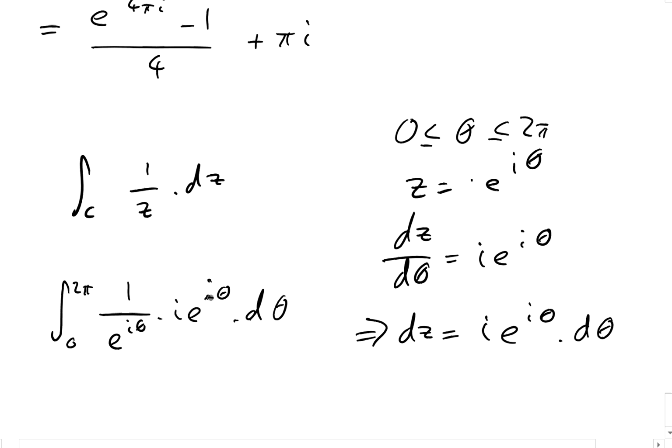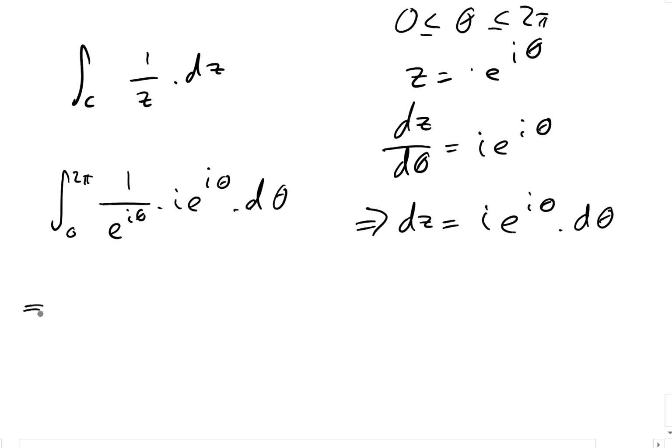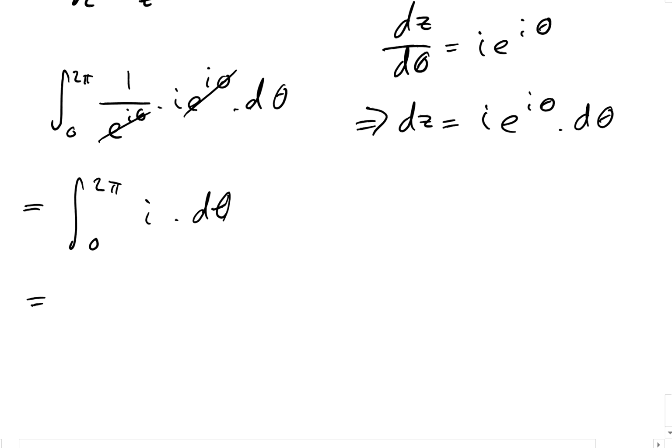Hopefully you can see that the e to the i theta cancels in both cases, so we just end up with the integral of i d theta. That's quite a nice easy integration.